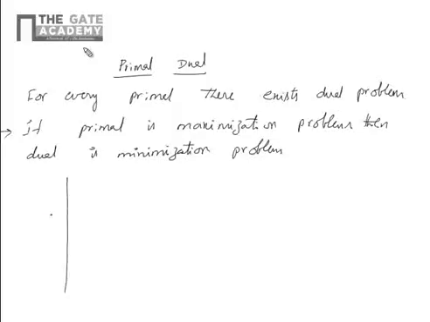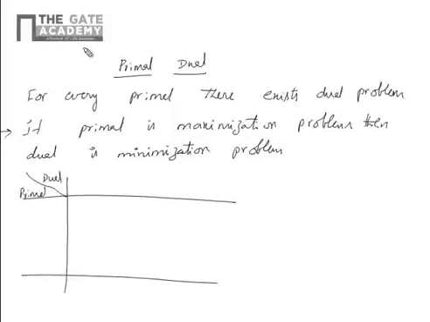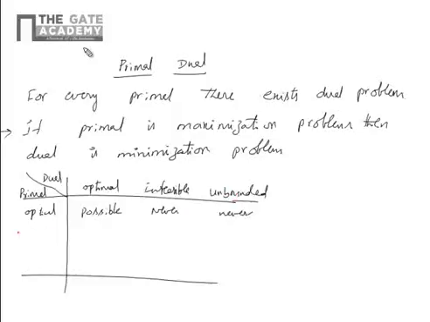So the primal and dual relation in the solution is, this is dual and this is primal. If the optimal solution exists for the primal, then the dual also has an optimal solution. Infeasible never, unbounded never. If the dual is optimal, then the primal is also optimal.